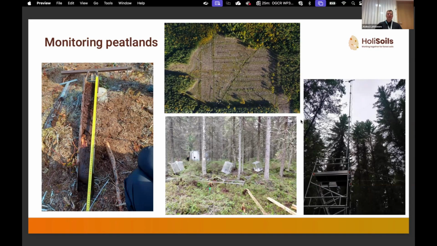But for greenhouse gas inventories and for carbon removal regulation, it's more about fluxes. How can we still manage the land but reduce the greenhouse gas fluxes, or how will the greenhouse gas fluxes change if we do rewetting and restoration?